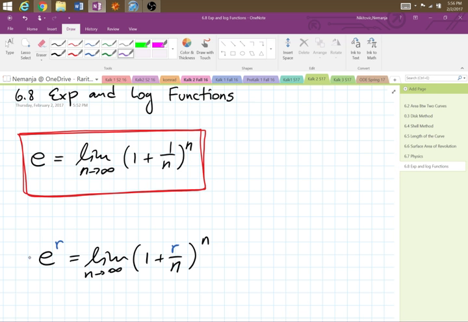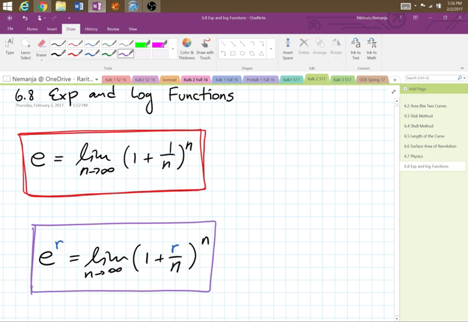And I'm going to box this one as well, because it will save you a lot of time when you run into a limit of this kind later on in this course.